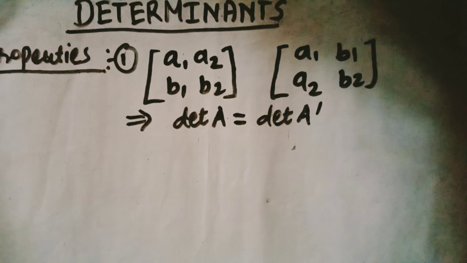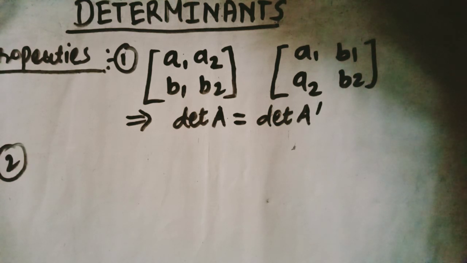Then the second property is: if any two rows or columns of a determinant are interchanged, then the sign of the determinant changes.